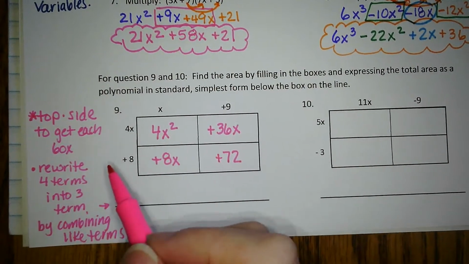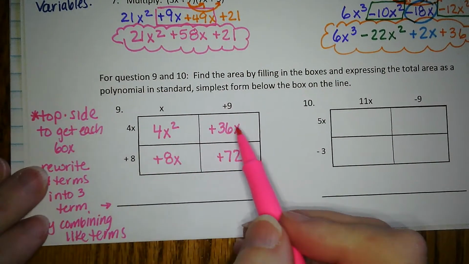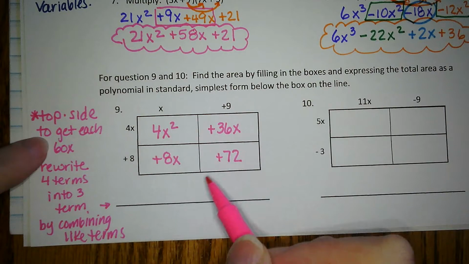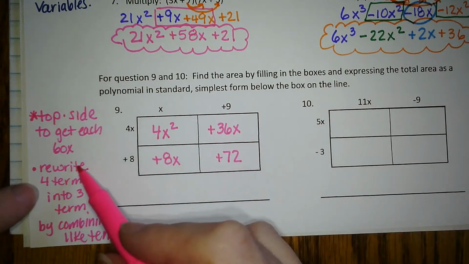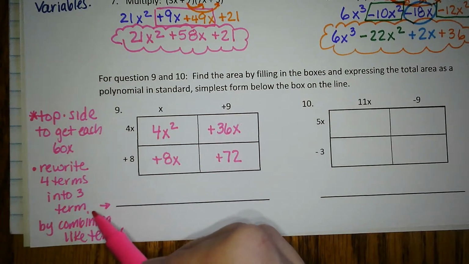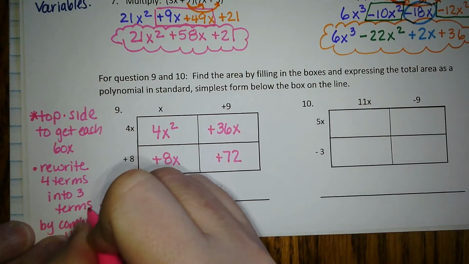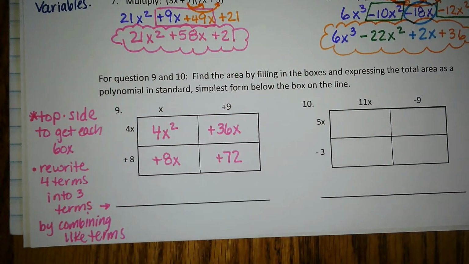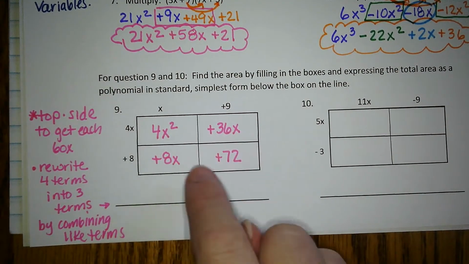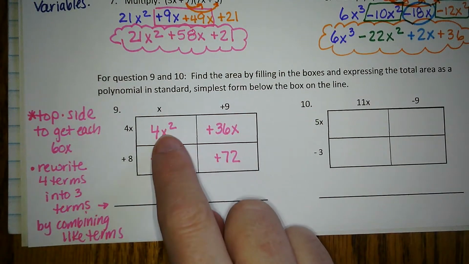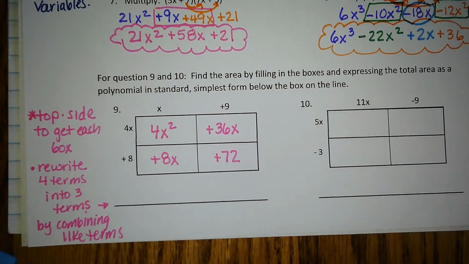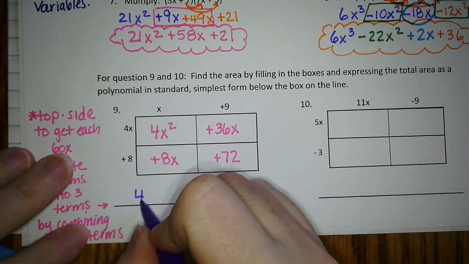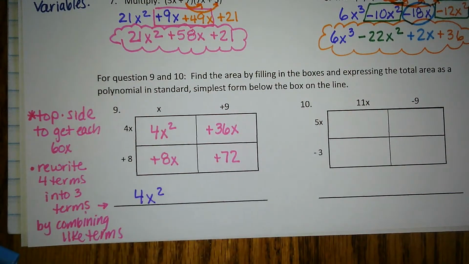So I got all of the ones filled in. So top times side to get each box. That's where we were. And now we're going to rewrite the 4 terms into 3 terms by combining like terms. So where are our like terms in this box? Well, the x squared is the highest exponent, and we don't have any more of those, so 4x squared stays.